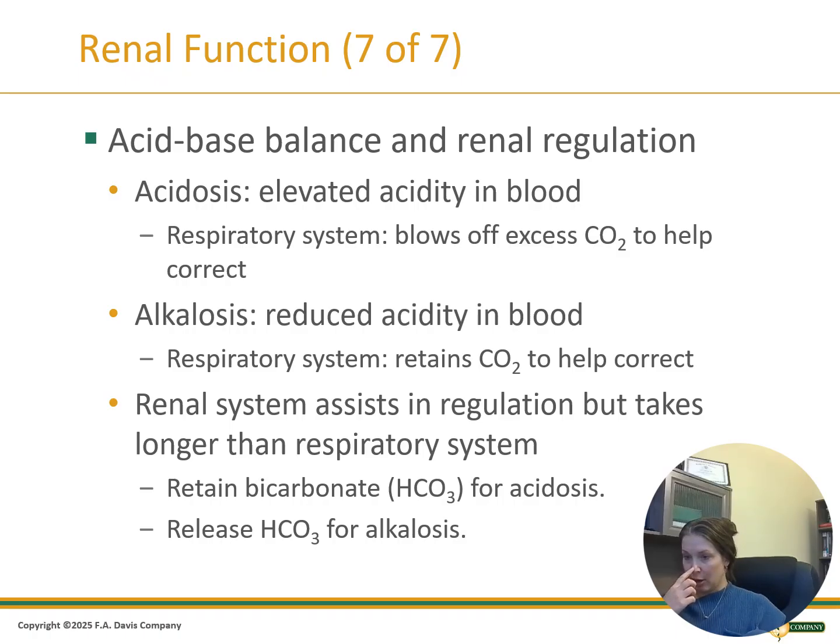Our kidneys are going to compensate by excreting, so releasing bicarb, and that helps to restore the balance. Okay, so key point of this, it's hard, but our respiratory system is our quick acting compensation, and then our kidneys act slower, sometimes days, but provide a more long-term correction.